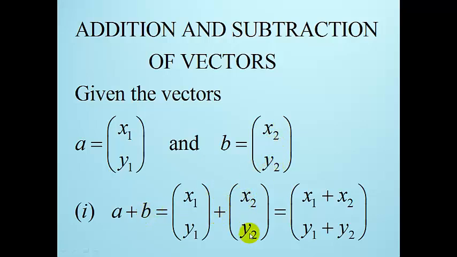We add the corresponding elements, that is x1 plus x2 and y1 plus y2. That means that A plus B is equal to x1 plus x2, then y1 plus y2. That is how we add vectors together.